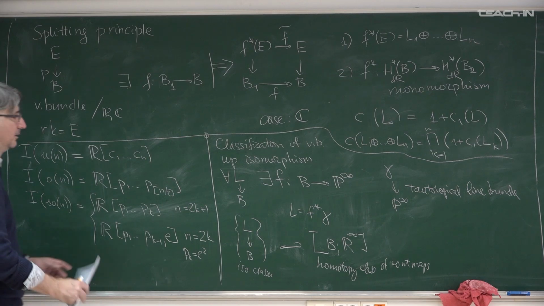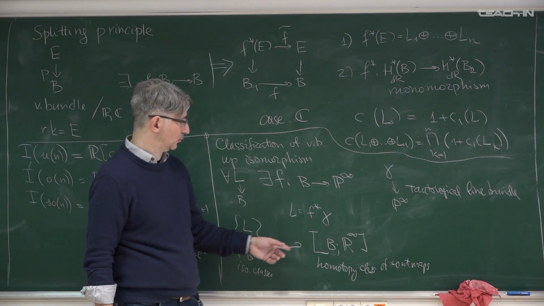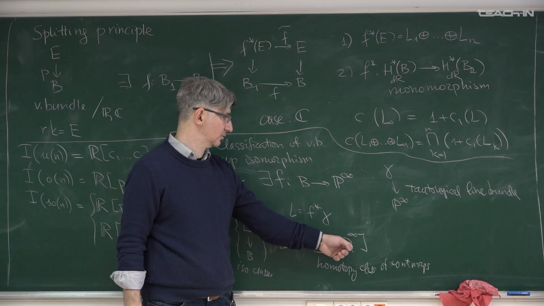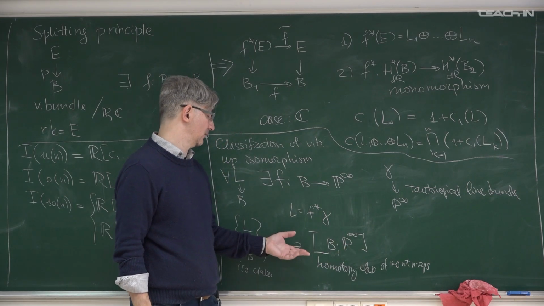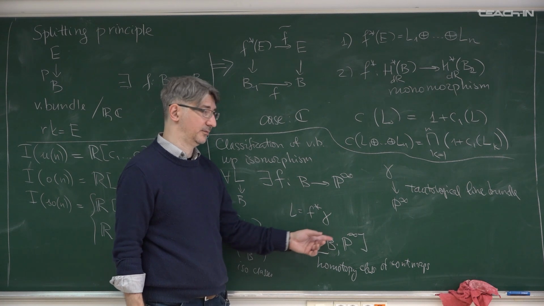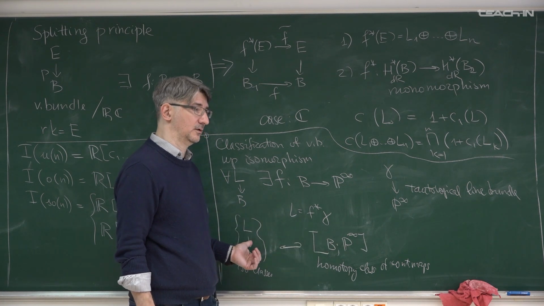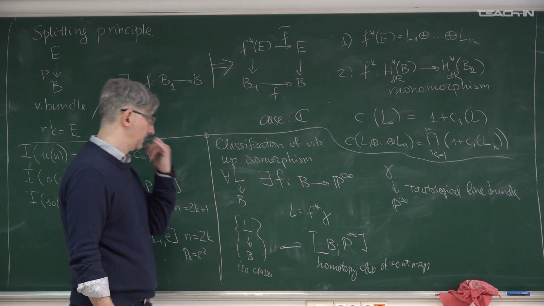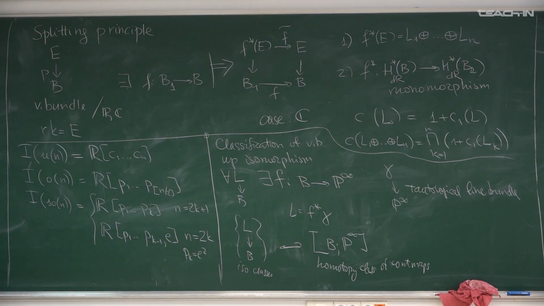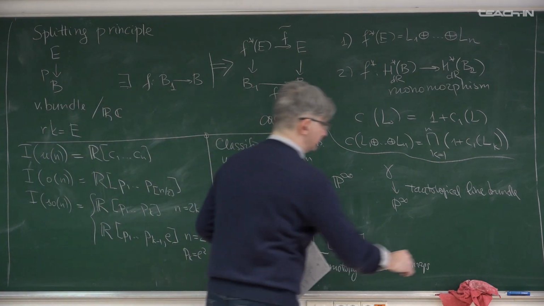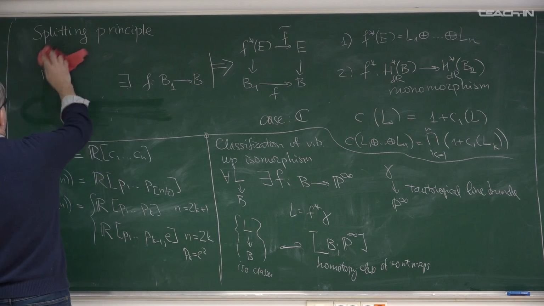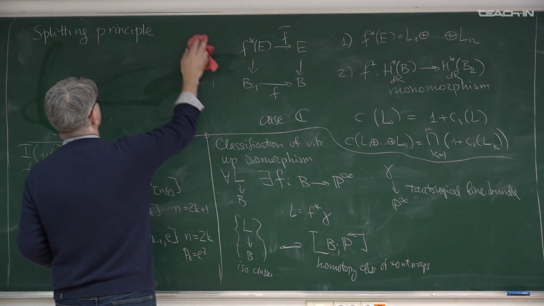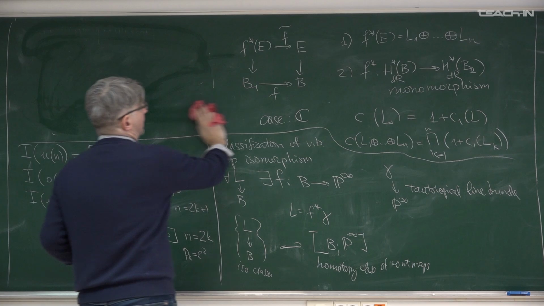So every line bundle is classified by the homotopy class of some map from B to P infinity. And on the other hand, if you have two homotopic maps here, then you will obtain two isomorphic line bundles. It's a very simple case of a classification theorem.